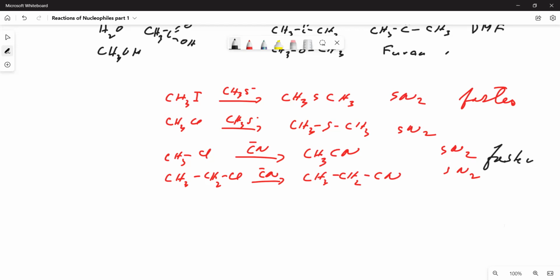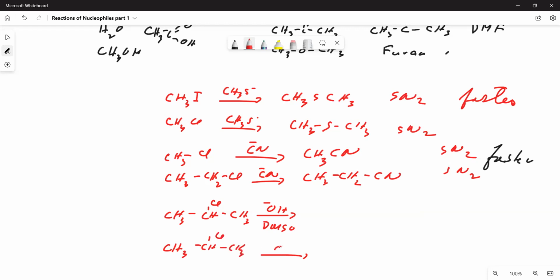Now, if you have isopropyl chloride, you react this with hydroxide in DMSO, and you react this with your isopropyl chloride again, hydroxide, but in aqueous medium.